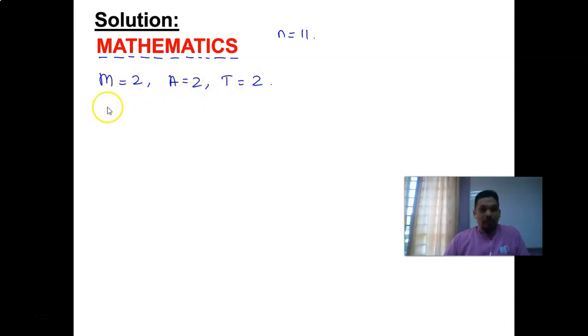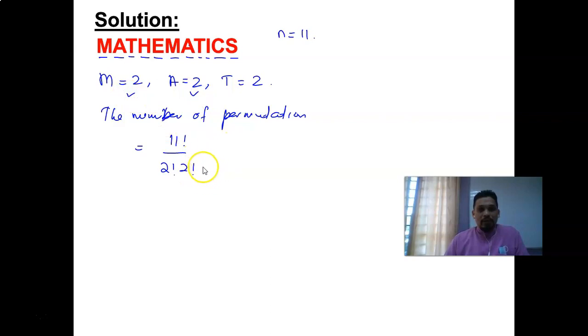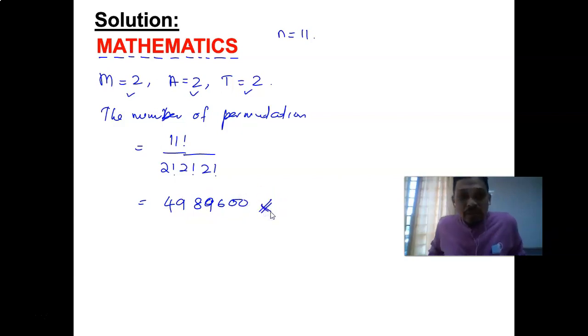The number of permutations equals 11 factorial divided by 2 factorial, another 2 factorial, and 2 factorial. Use a calculator here and you get 4,989,600.